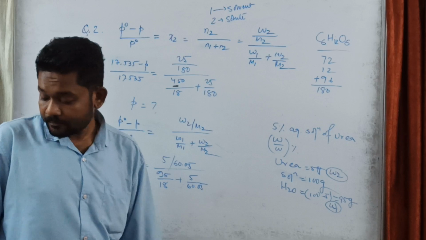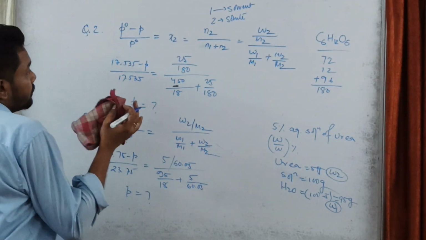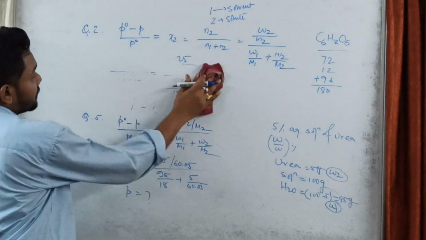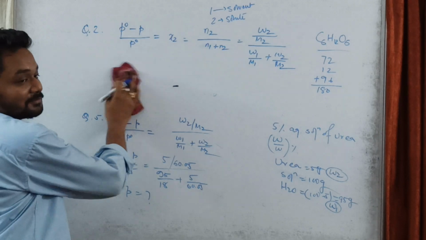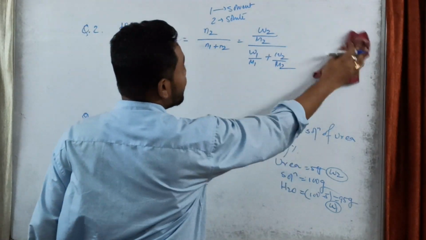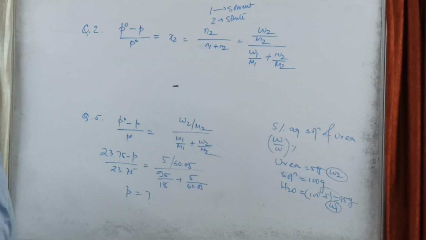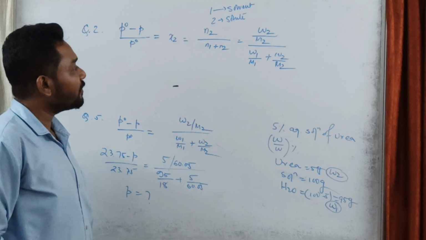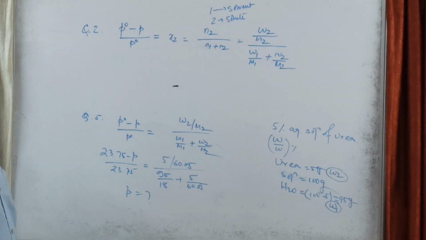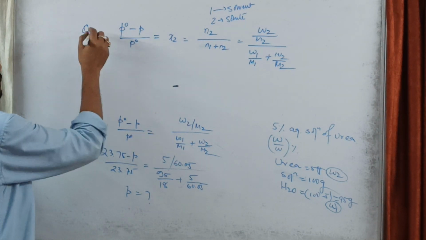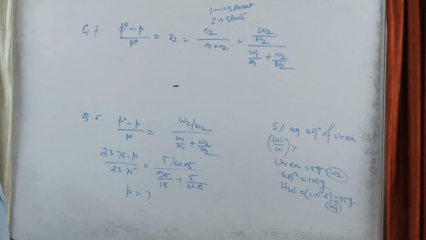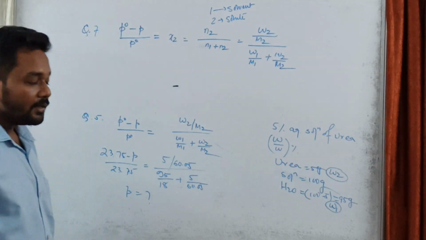Question number 7. Let me erase this part, you will write it down again, but it's much easier for me to remove this part. Now question number 7. Again you will write down the same question.